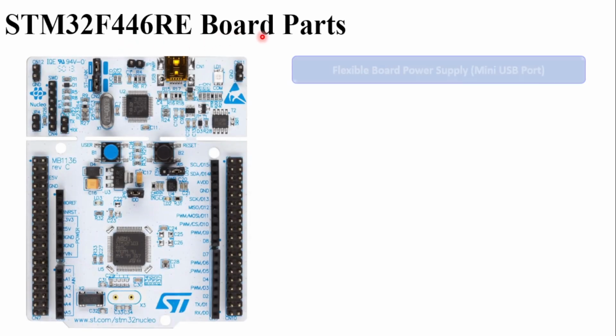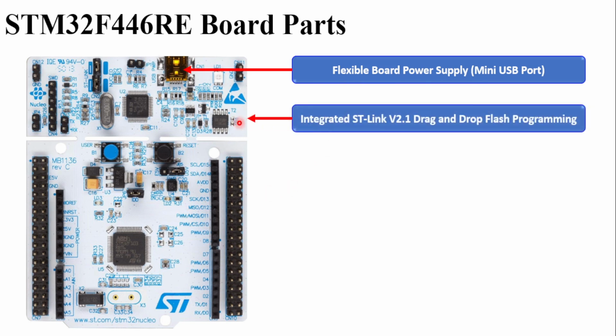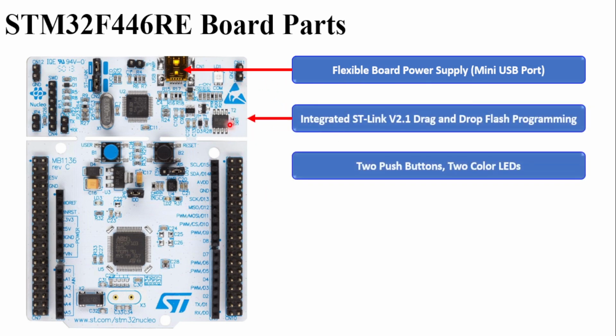Let us talk about the different parts of the microcontroller board. First of all, this USB connector is used to provide the power to the microcontroller board. Then this board can be divided into two halves, the upper half and the lower half.